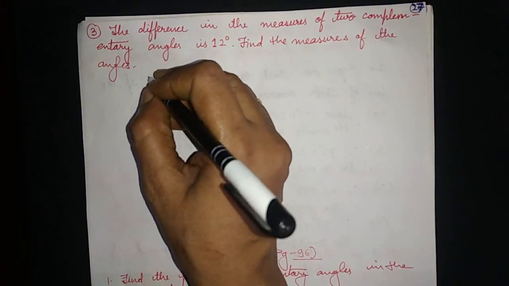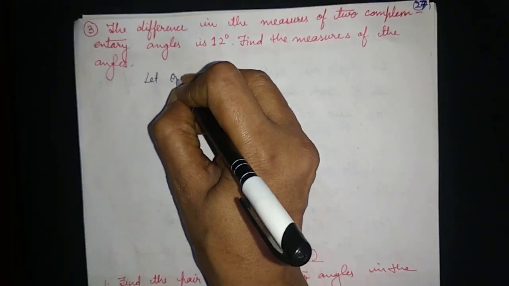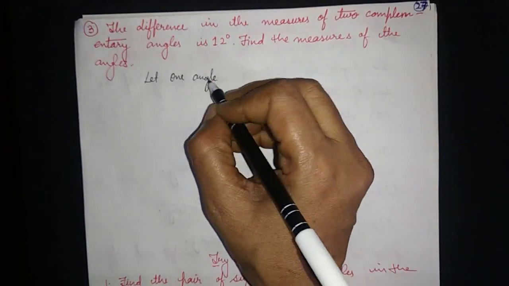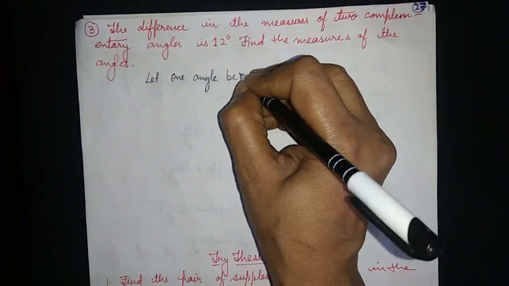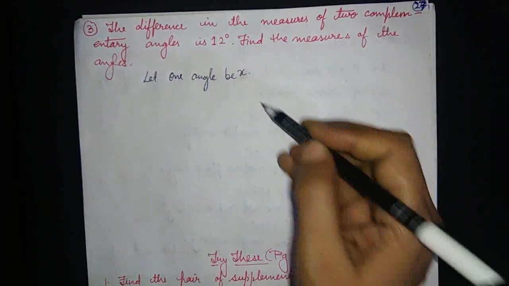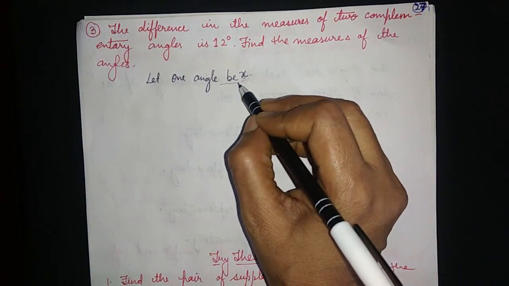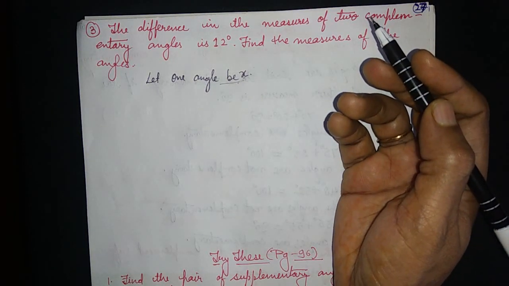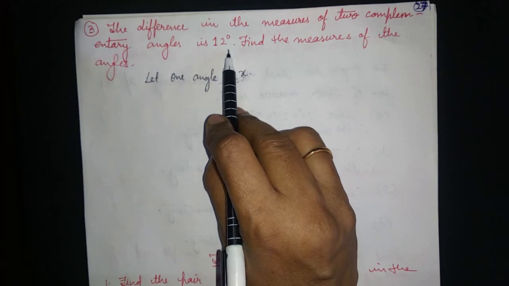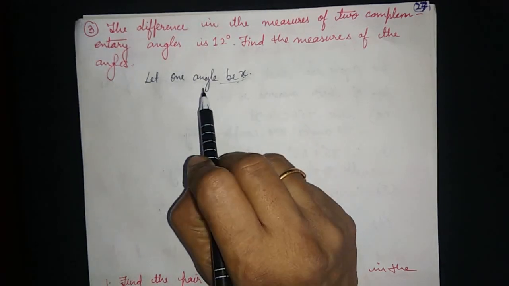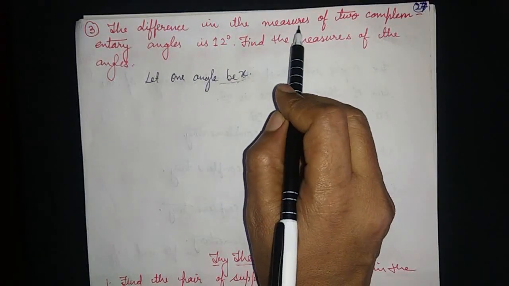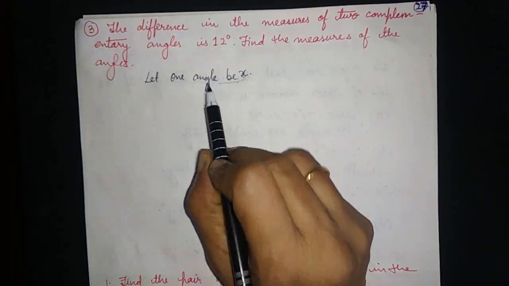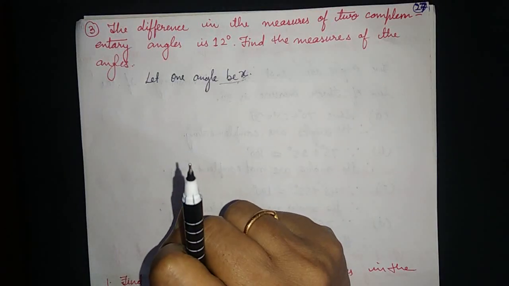For that you will write, let one angle be x. If one angle is x, then the other angle will be x plus 12. You know why x plus 12? Because the difference between the two complementary angles is 12 degree in this question.